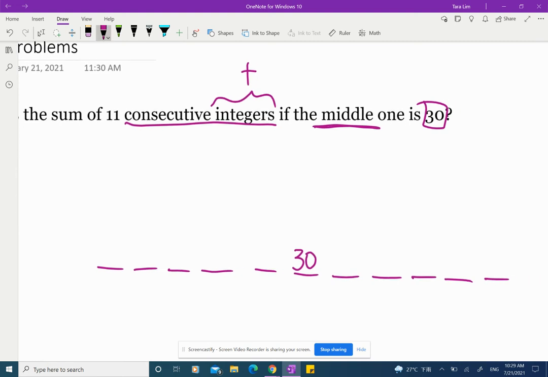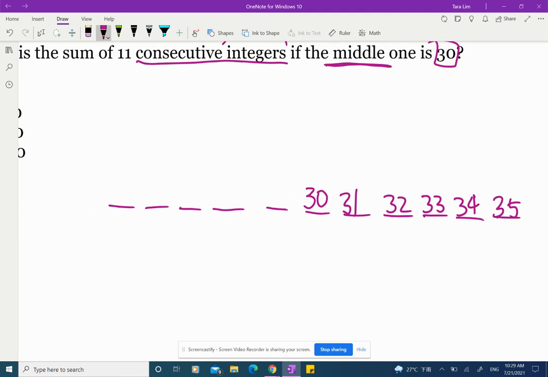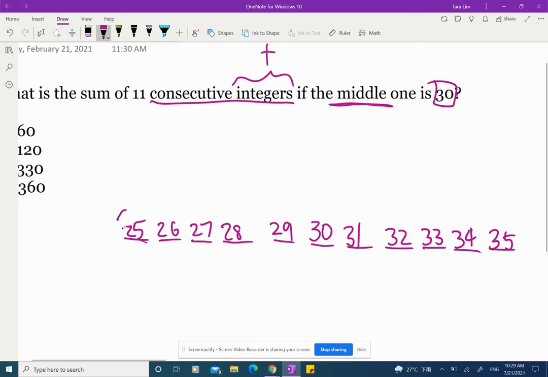So we're just going to write 31, 32, 33, 34, 35. And then this one becomes 29, 28, 27, 26, and 25. So as you can see the pattern, it's just getting greater and greater.